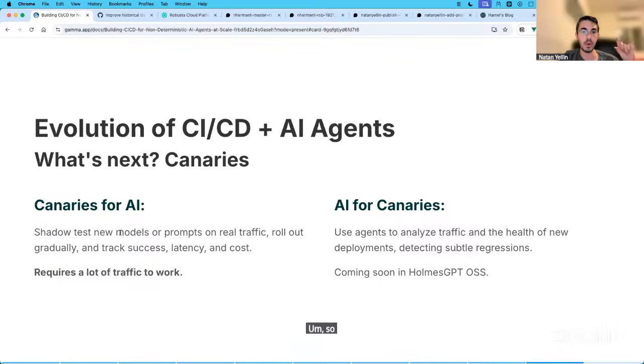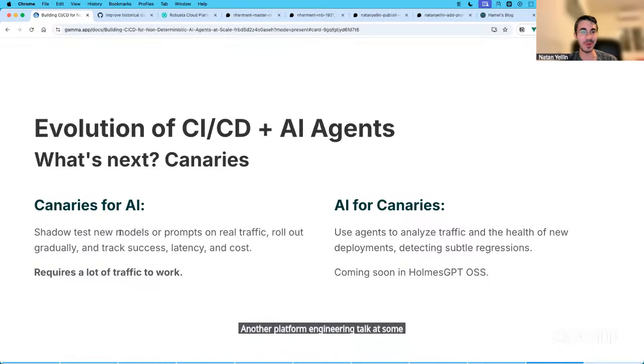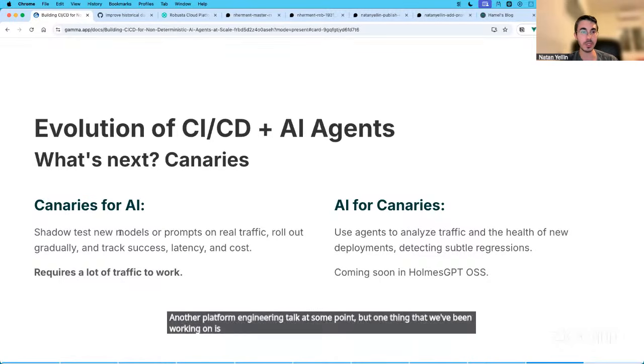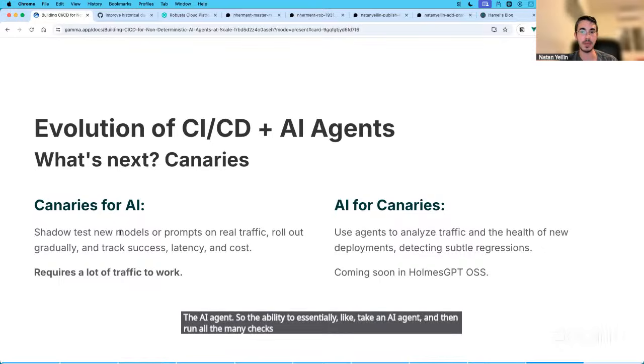One thing that we've been working on here, which might be a good talk for another platform engineering talk at some point, is open source canaries that are powered by the AI agent. So the ability to take an AI agent and run automated checks with it against your environment.